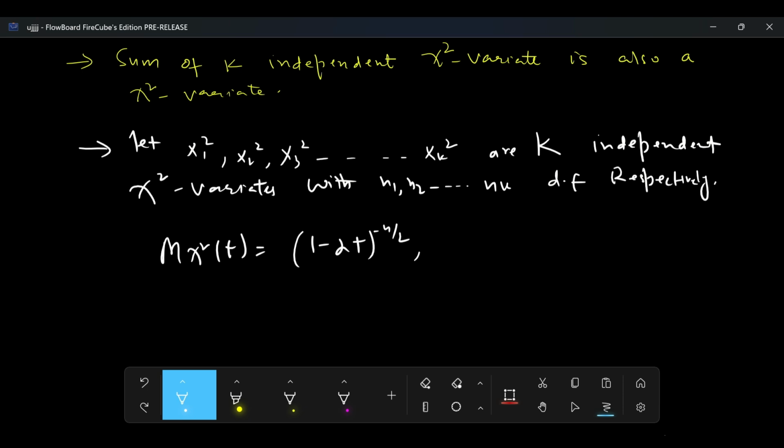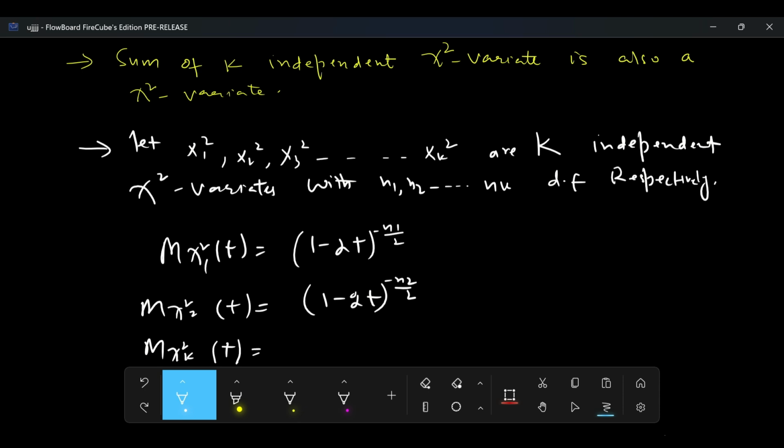Here, let's take n1: if we talk about chi-square 1, this will be minus n1 by 2. Similarly, the MGF of chi-square 2 at t is 1 minus 2t to the power minus n2 upon 2. Similarly, the MGF of chi-square k at t will be 1 minus 2t to the power minus nk by 2. Clear?